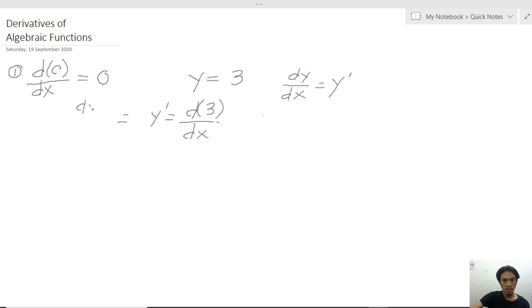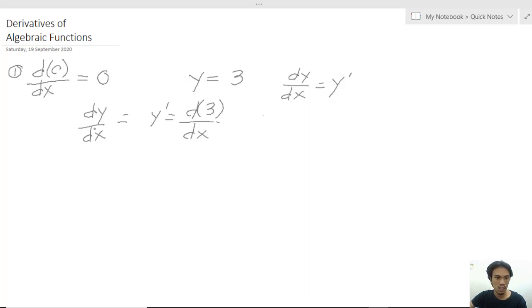Derivative of y with respect to x is equal to y prime, that is equal to the derivative of 3 with respect to x. Take note that if you are taking the derivative with respect to one variable, you must be consistent with the other part of your function.